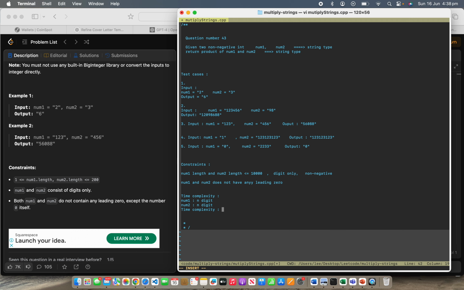So we have n digits in the first number, n digits in the second number, and they are going to make a square.